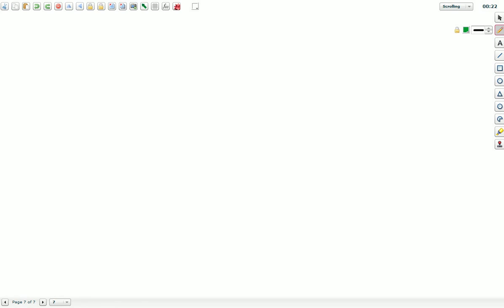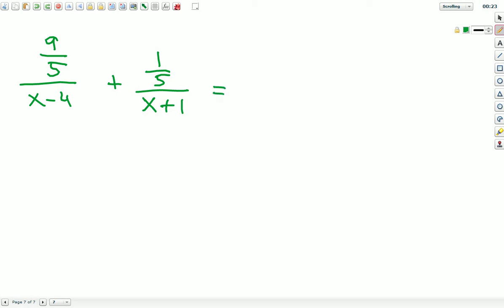Now normally we don't need to check our answers, but this should work out. So let's take 9/5 over x minus 4 and add to it 1/5 over x plus 1. If I make a common denominator, the common denominator is just the product of x minus 4 times x plus 1. I'm going to multiply the first fraction through, top and bottom, by x plus 1.